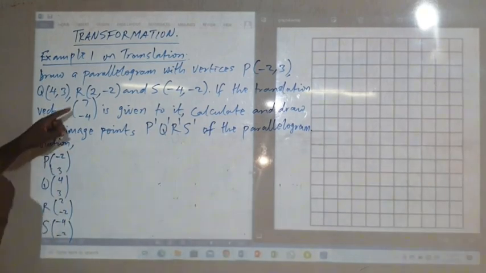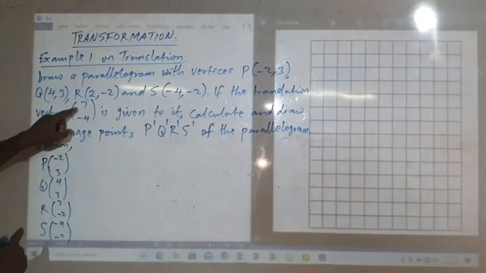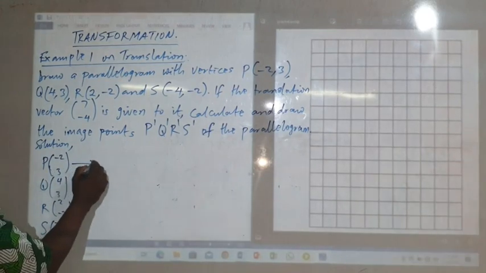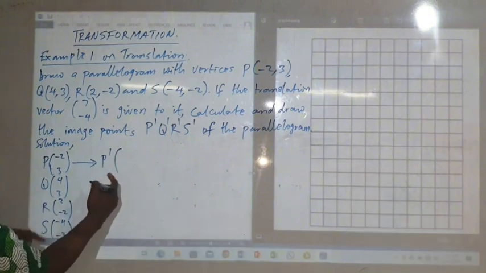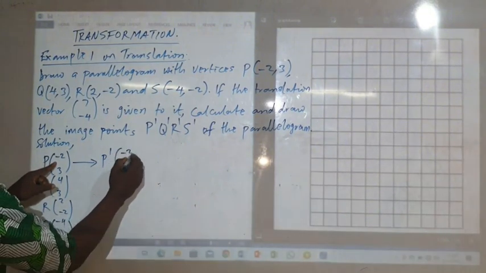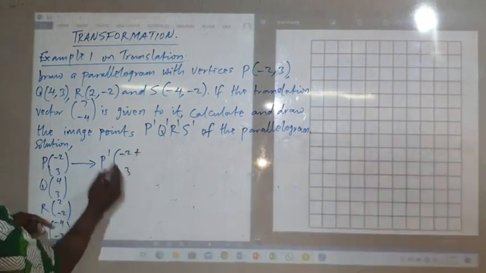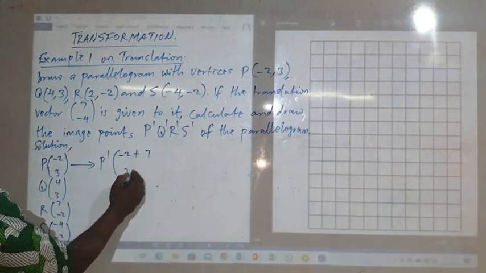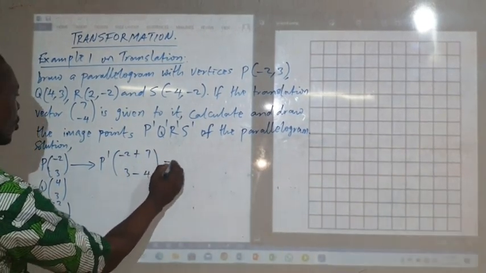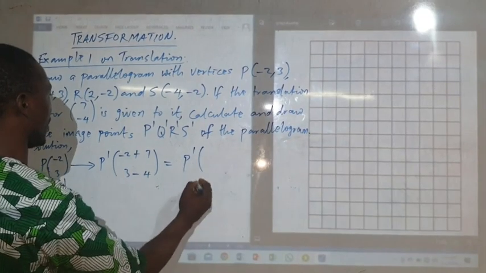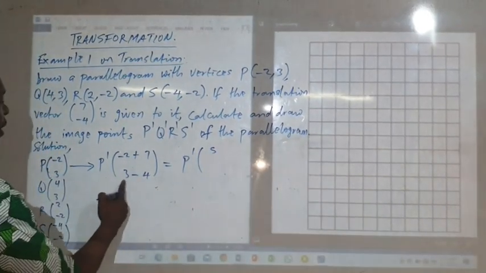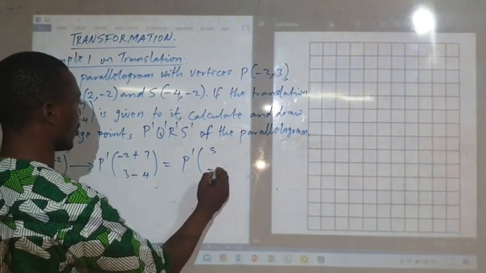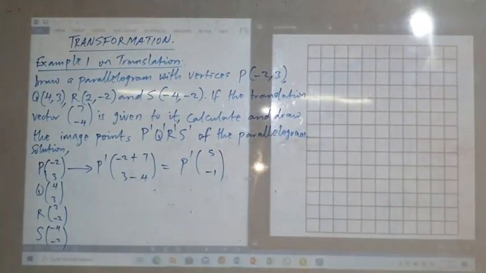Then the translation vector given is 7, minus 4. So to get the prime image, P prime is minus 2, 3 plus 7, minus 4, which is minus 2 plus 7, that is 5, then 3 minus 4, that is minus 1. So we have 5, minus 1.